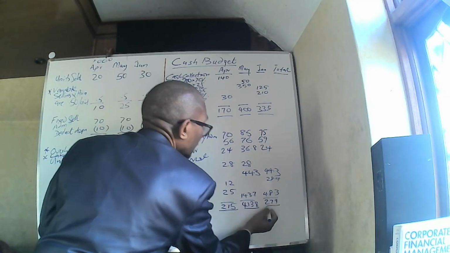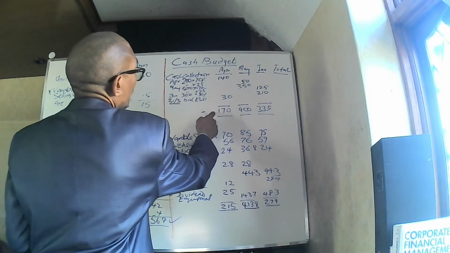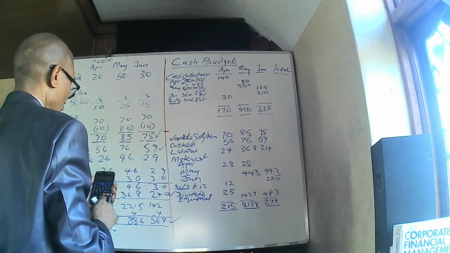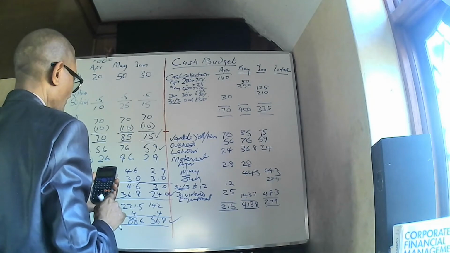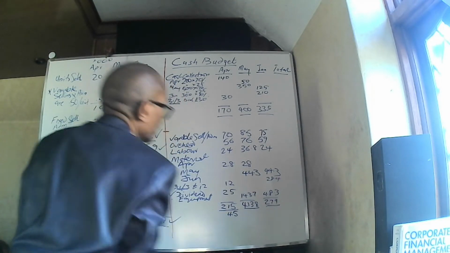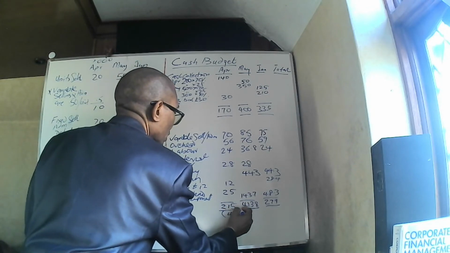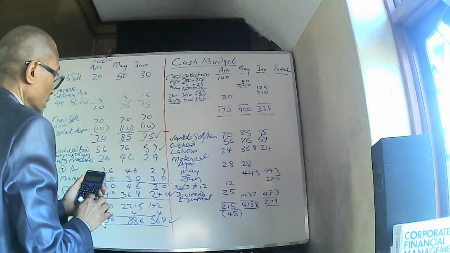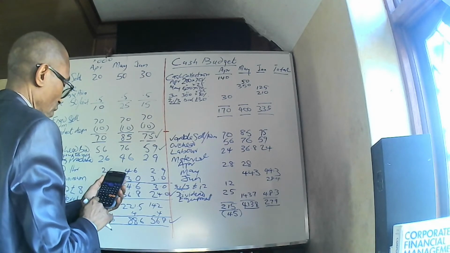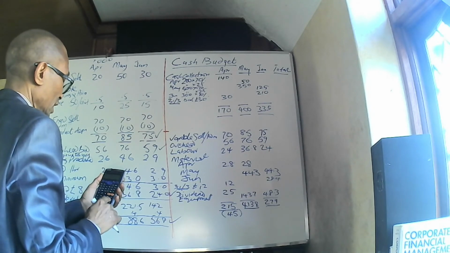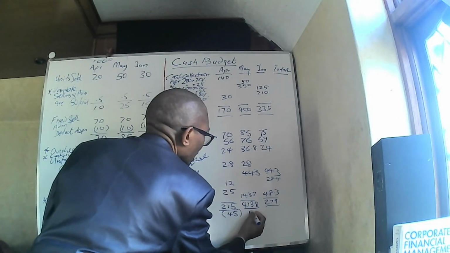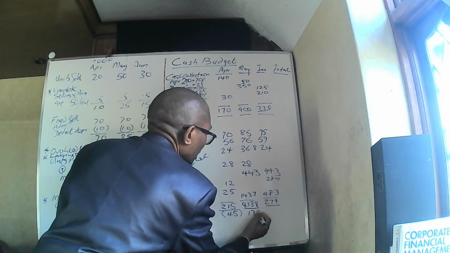So let's find the net of this receipt and payment. 170 knock off 215, you have a negative 45 here. Then 400 minus 413.8, you have a negative of 13.8 here.